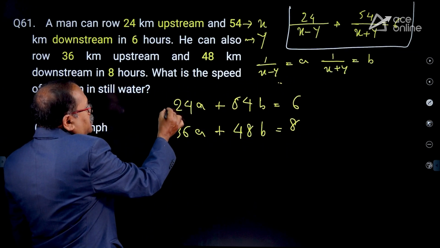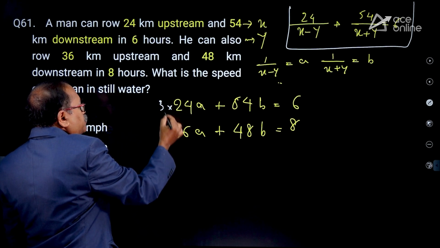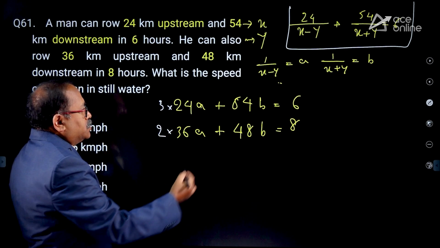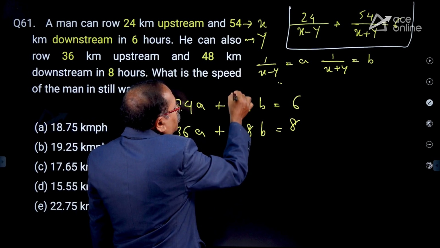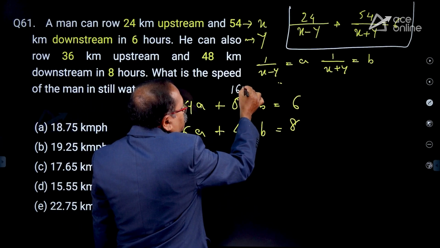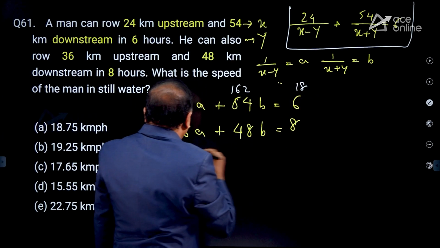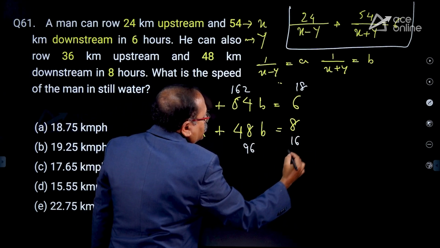What if I multiply this by 4, 3, it becomes 72, and by 2, it becomes 72. So now it will get cancelled here with 3, and it comes 162, and with 3 this comes 18, and with 2 this comes 96, and this is 16.